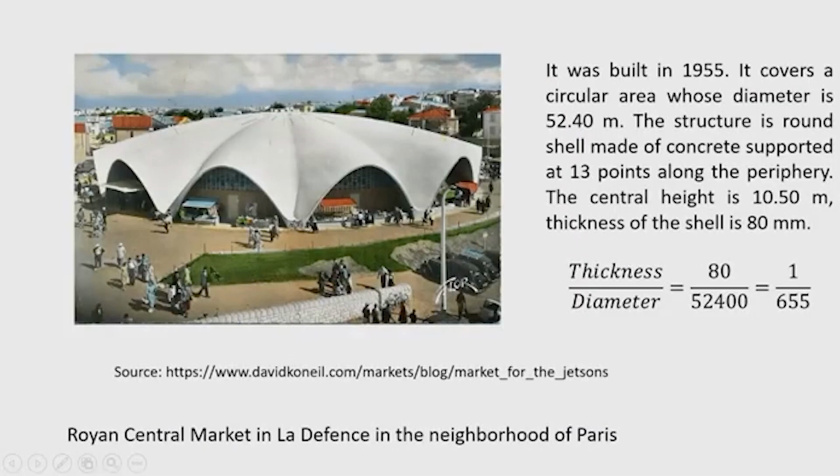That means, in a marketplace or assembly halls or auditorium or even in the stadium, when we want that intermediate pillars should be avoided, then we go for shell construction, because in that case a thin structural element can be used to cover a large span. Okay. So, this is a very renowned example of shell construction in civil engineering practice, the Royan Central Market near Paris.